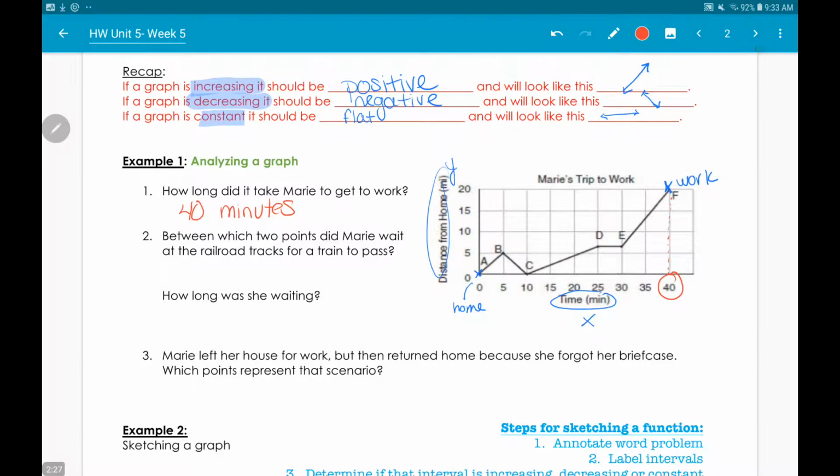So that's D to E, where it's staying the same because it is constant. And how long was she waiting at the railroad tracks? From 25 to 30 minutes, which is 5 minutes waiting.